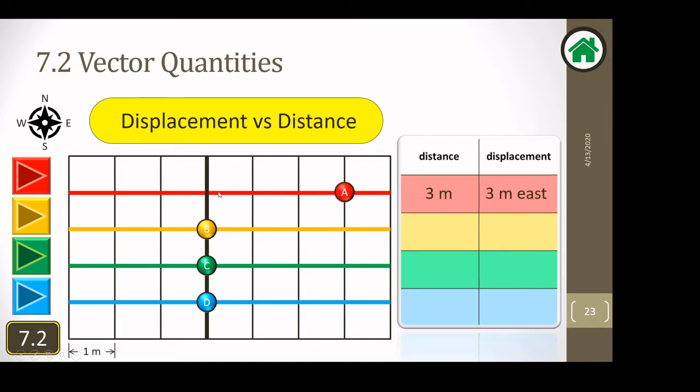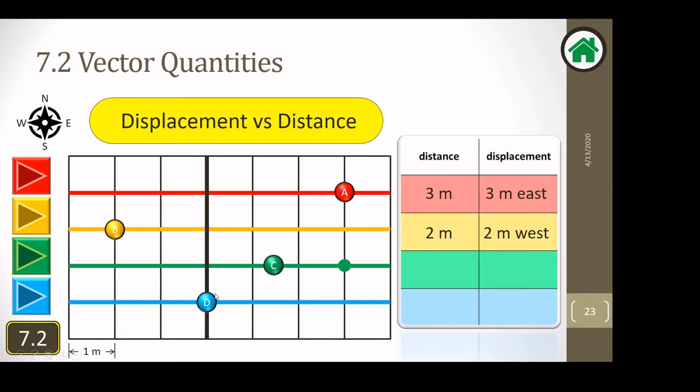The red one starts by moving 3 squares, and each square is 1 meter long, in this direction. So its distance is 3 meters, but its displacement is 3 meters east. We have to indicate the direction if we want to make it a displacement. Now the yellow one, it moves 2 meters to the west. So the distance traveled is 2 meters and the displacement is 2 meters west.